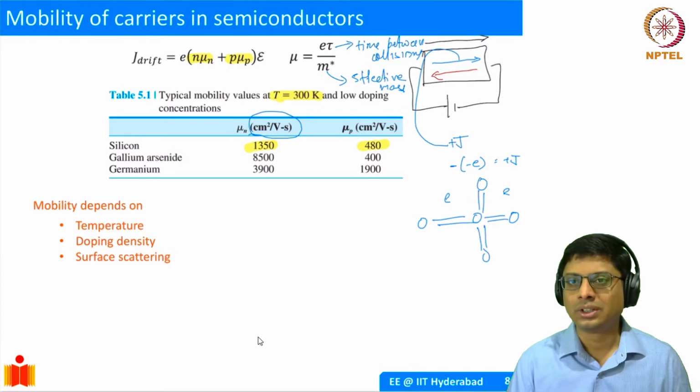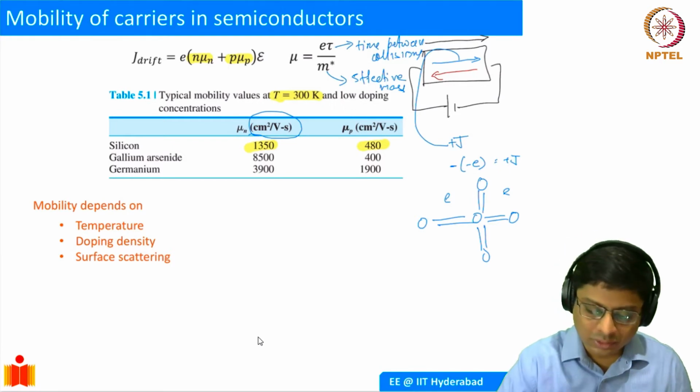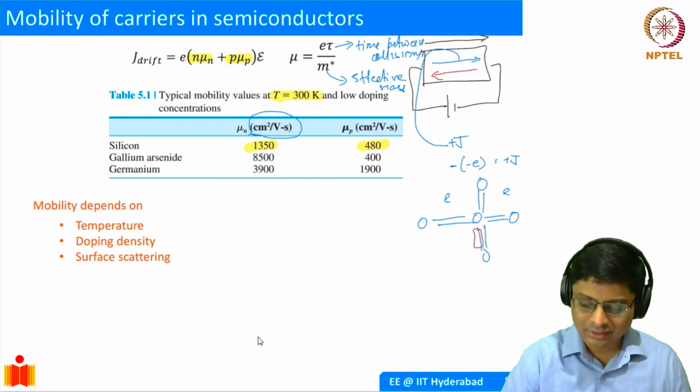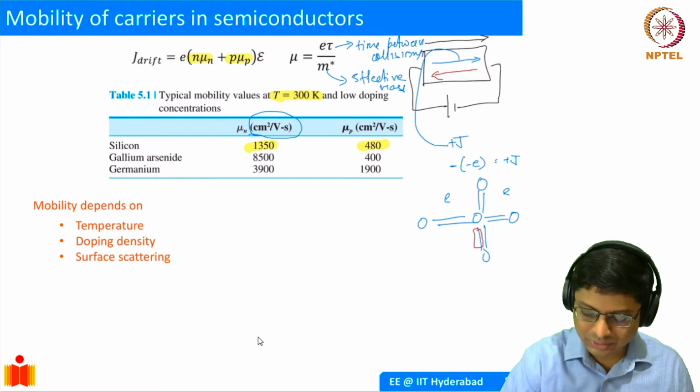But what is the hole? The hole is simply going to be the deficiency of an electron here. This is basically positive, because you just removed an electron.